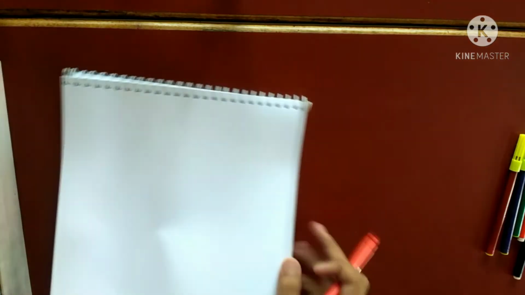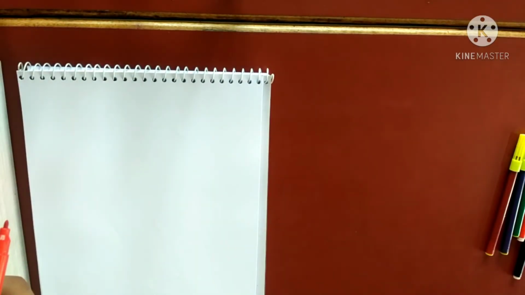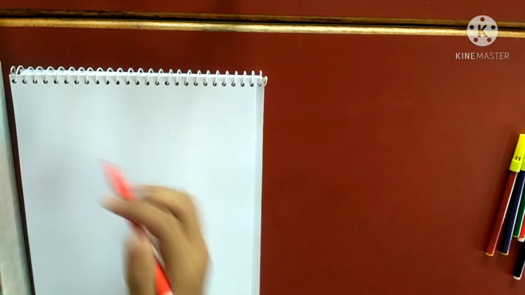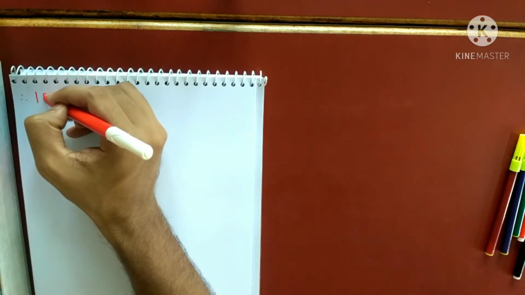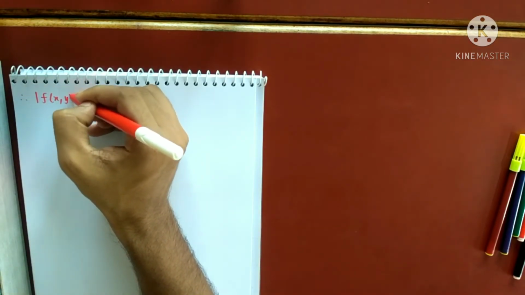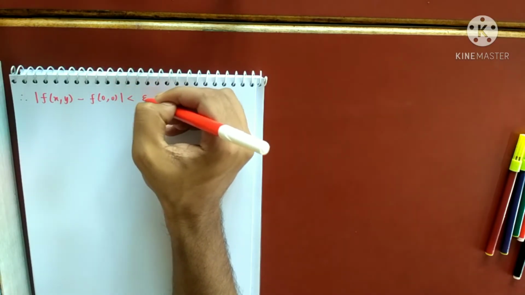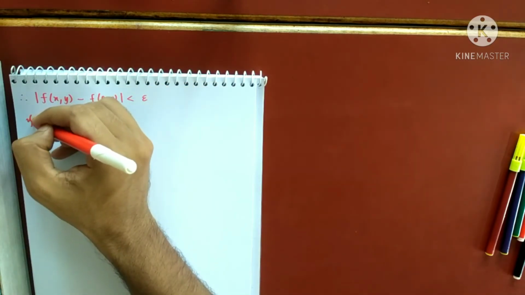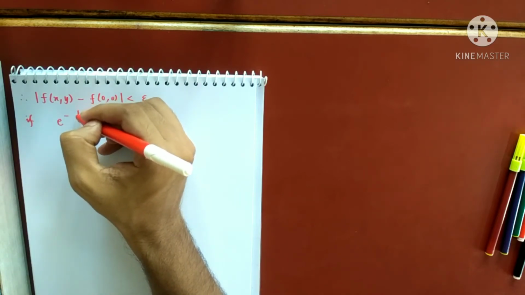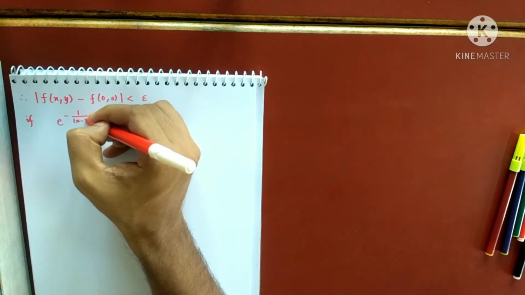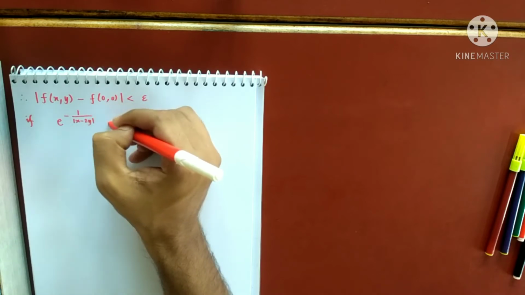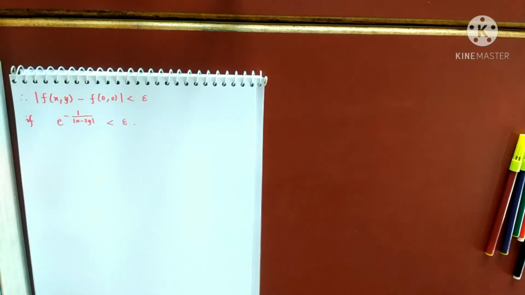Therefore this quantity is less than epsilon if e to the power minus 1 by mod (x minus 2y) is less than epsilon, right?